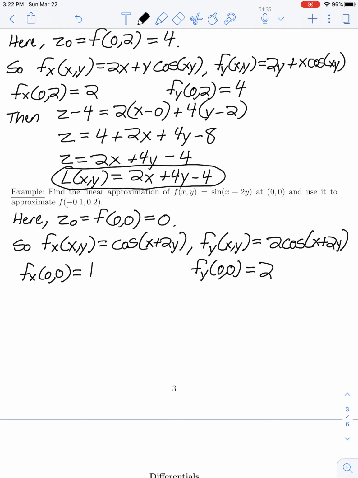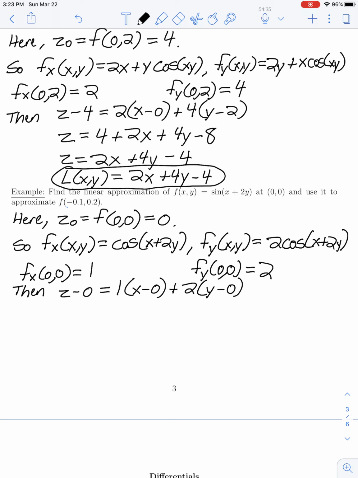So now, making use of our equation for the tangent plane to a surface, we find the tangent plane is given by z minus z naught, which was 0, and that's equal to our partial with respect to x, which we found to be 1, times x minus x naught, which was 0, plus the partial of f with respect to y, which we found to be 2, times y minus y naught, which was 0.